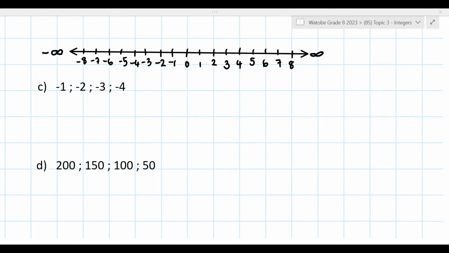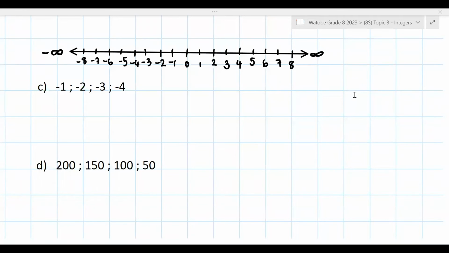Guys, I'm seeing some good answers. Well done as well for labeling your answers. Very nice. We know which is which now. So if anyone wants to raise their hand to give me C and D. Right, Tatenda, do you want to give us C?